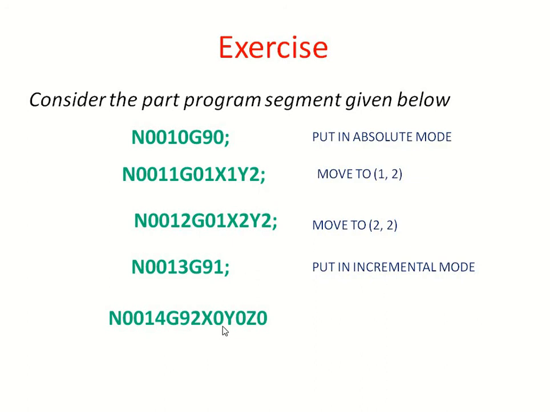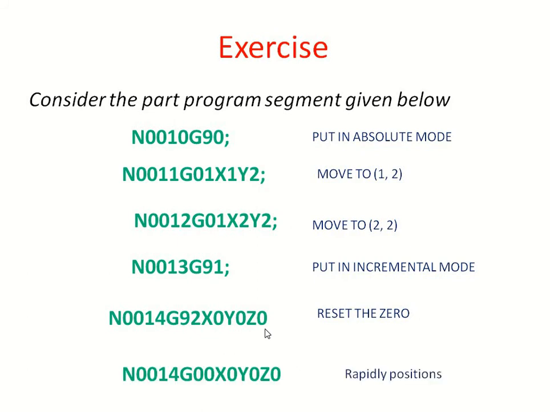N0014 G92 X0 Y0 Z0 resets the zero for all coordinates. And finally G00 represents rapid positioning. So these are the blocks we can use to create the program, and the semicolon represents the end of the block.